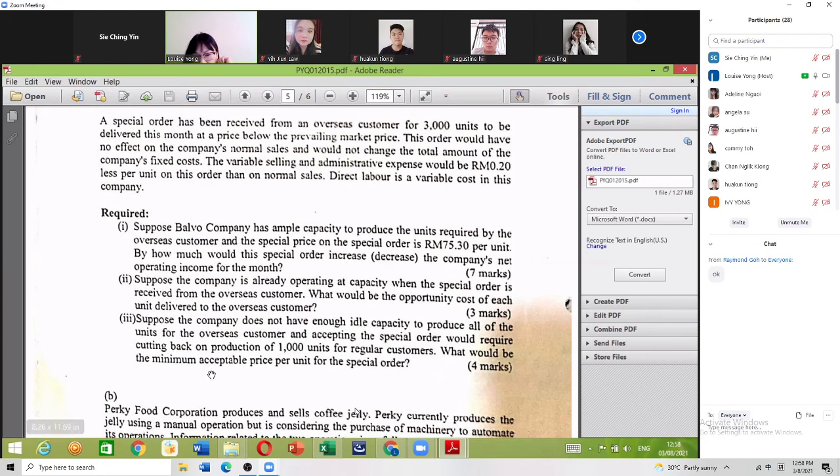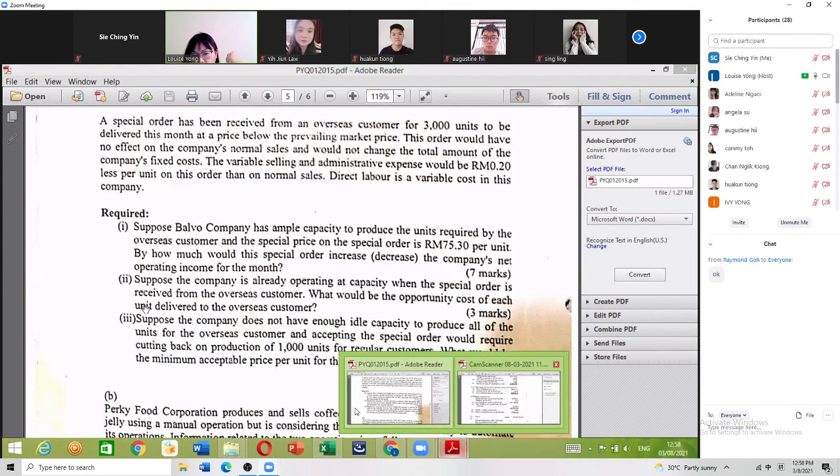What is your minimum acceptable price per unit for this special order? If you insist on accepting the 3,000 units, you lose the contribution of 1,000 units. So what is the minimum I must charge for this special order? What is my minimum acceptable price?